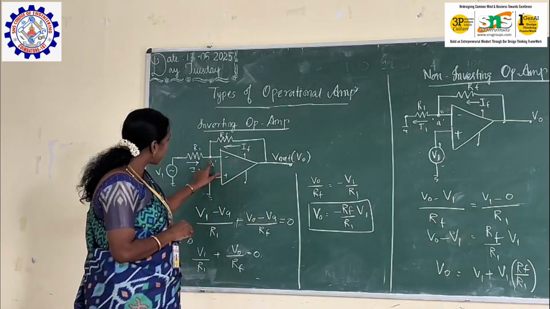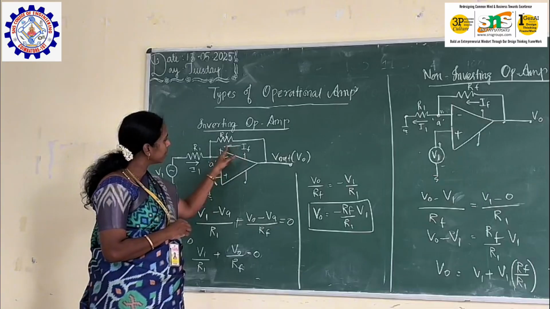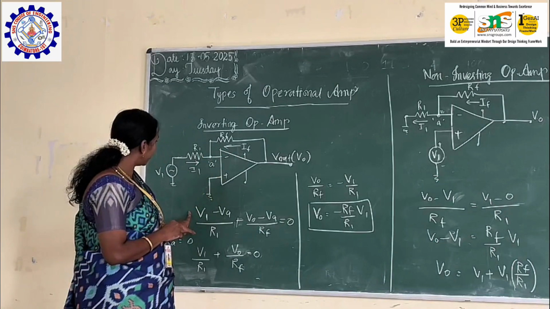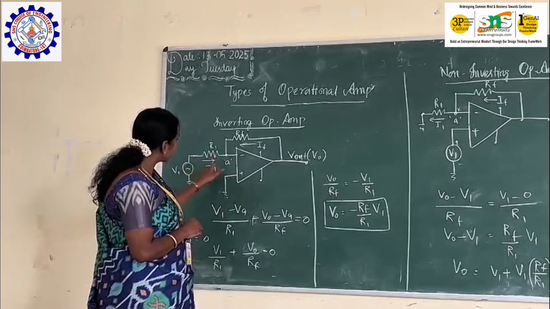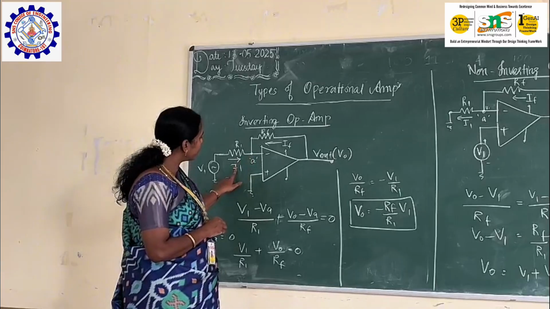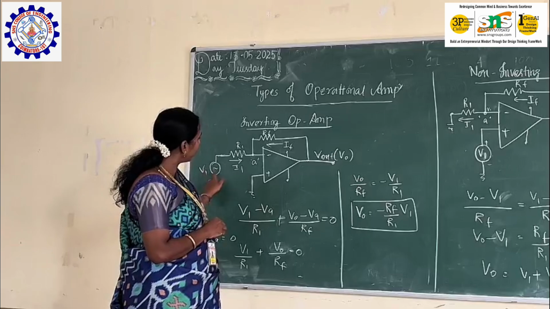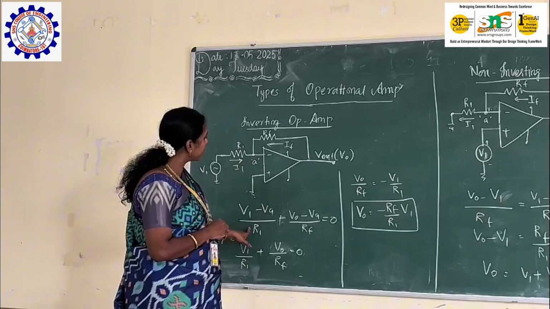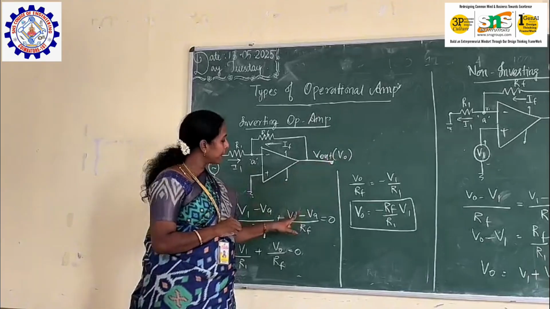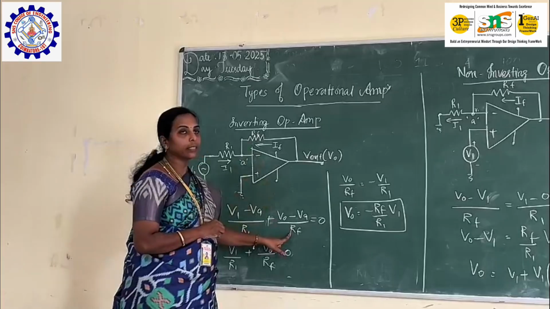Considering that condition, this is an incoming current to this junction, and this is also an incoming current to this junction. By applying the nodal equation at this point, the current I1 is V1 minus VA divided by the resistor R1, and the other current is V0 minus VA divided by the resistor RF.